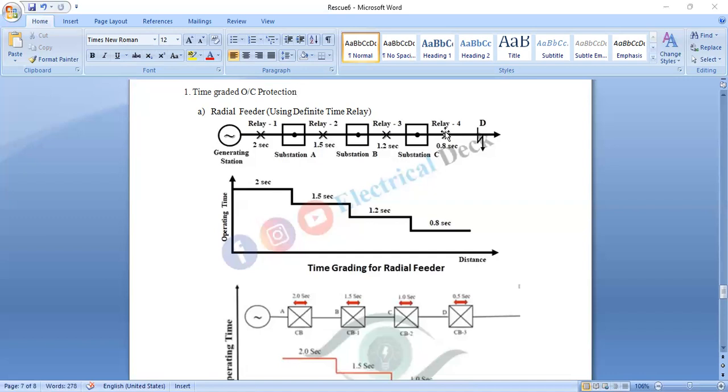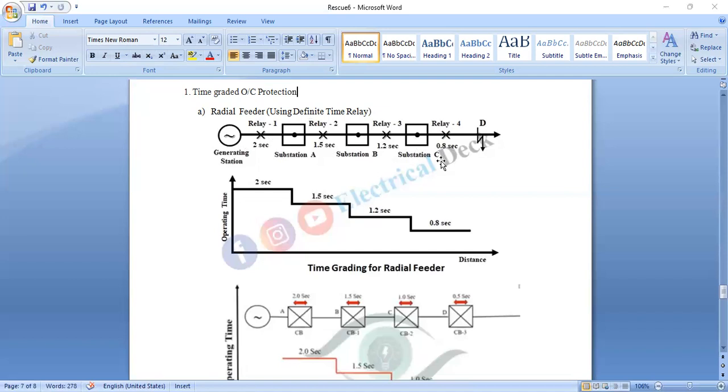Okay. So let us assume that the fault occurs in the system at the load end, nearer to the load end. In that case, the relay 4 will operate because it has the smallest operating time. Relay 1 has 2 seconds, relay 2 1.5, relay 3 1.2, and relay 4 0.8.